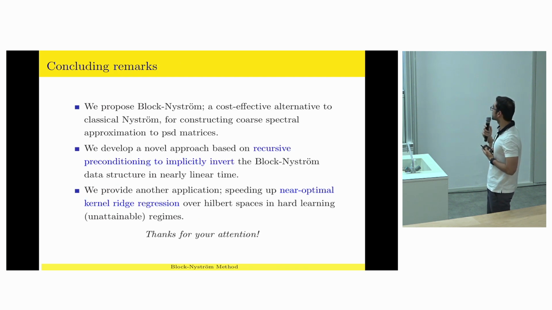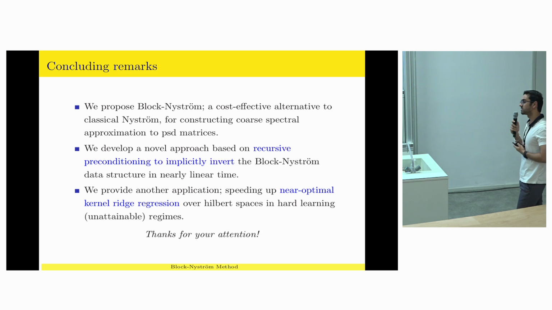And these are a few concluding remarks. There are at least two more ideas in the paper. The first one, which I did not talk about at all, is how we implicitly invert this data structure. We use an approach based on recursive preconditioning. It's a novel approach, so I encourage you to have a look at that.